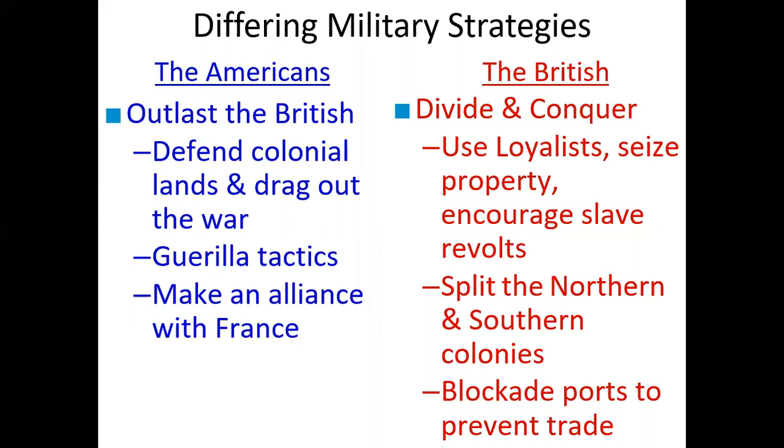They want to cut the northern and southern colonies in half, divide it up in the Maryland, Virginia area, then go north, conquer all that, and then go south and conquer all that. They also want to blockade all the ports, stopping any trade, basically choking out the Americans so they can't get any supplies or do anything.